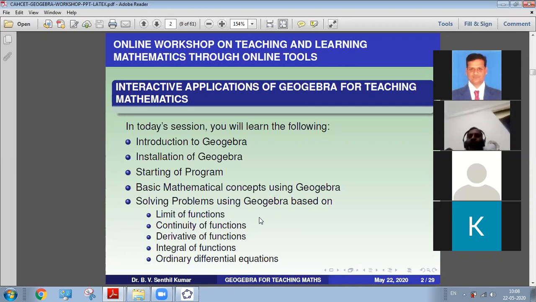So apart from all these applications, there are some other applications. A lot of applications are there. You can do even probability problems, more statistics problems. You can solve partial differential equations. You can find partial derivatives of functions of several variables. It has got a lot of applications.